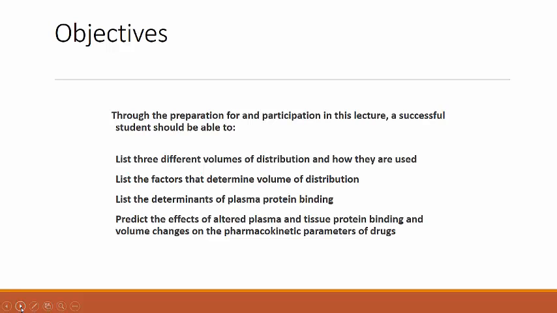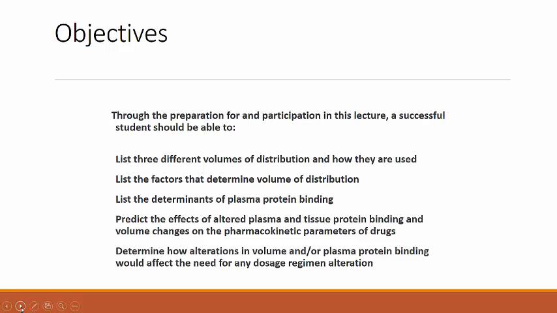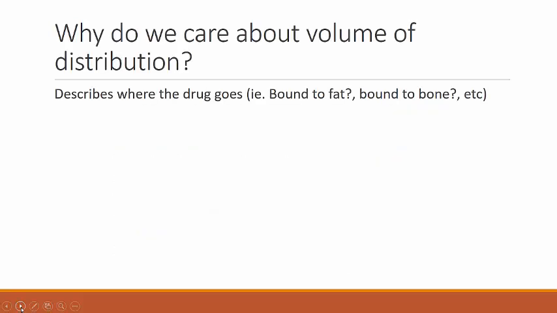So then we're going to learn what things determine plasma and tissue protein binding. And finally, we're going to determine how these alterations in volume and/or plasma protein binding affect the need for any dosing regimen alterations. So we're digging down a couple of layers here.